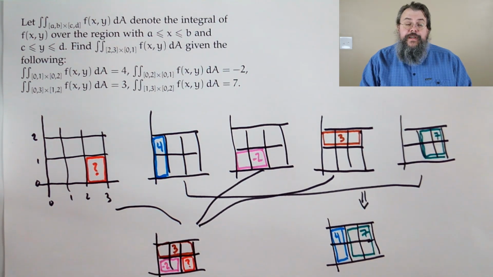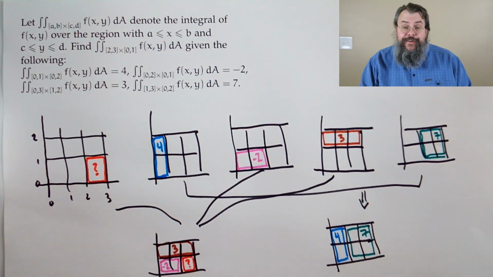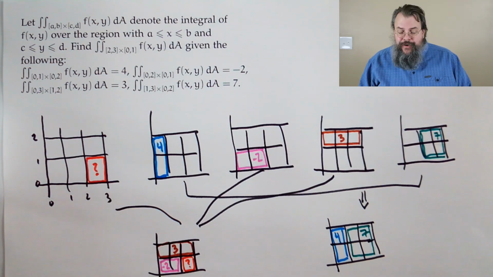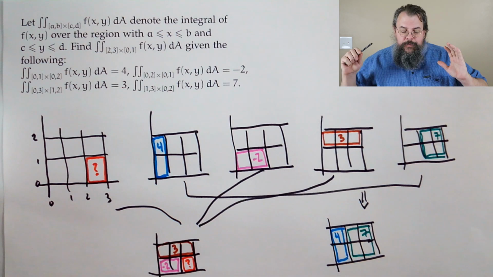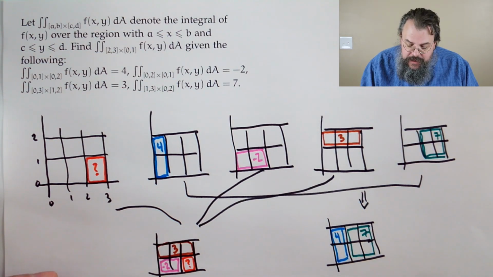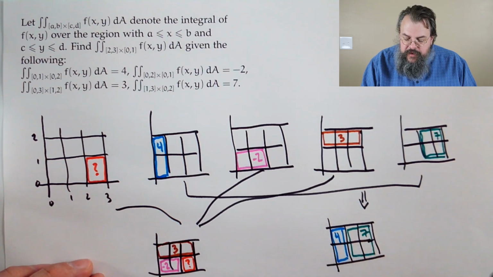Now, notice the key thing here. In both settings, we're covering the entire rectangle. It's all there. So the total when we combine all things together should be the same. If I want to know the integral over the whole rectangle, I can add up over the pieces.